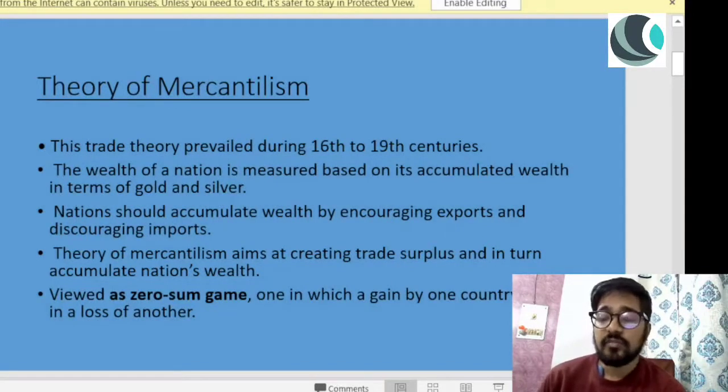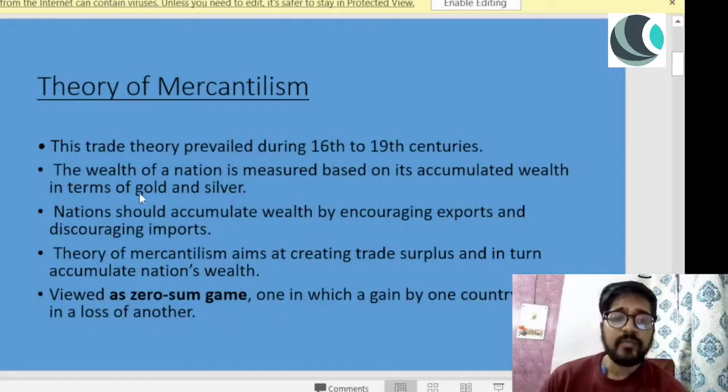Viewed as zero sum game. Which theory is viewed as zero sum game? Theory of mercantilism. Viewed as zero sum game, one in which a gain by one country results in a loss of another, right? So you basically gain by resulting in a loss of another. This is what basically this theory means. This is the theory of mercantilism.